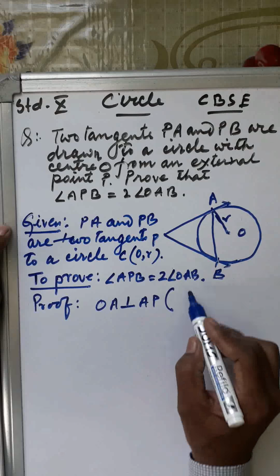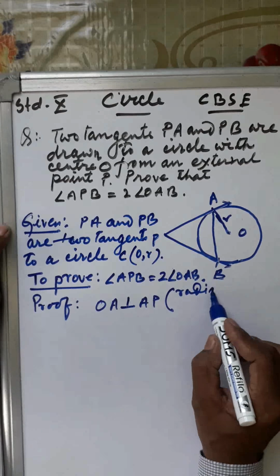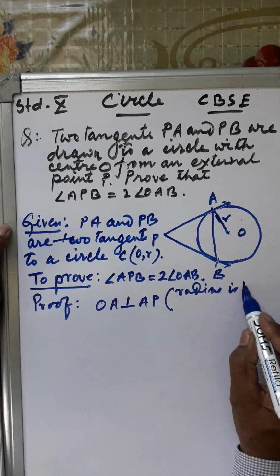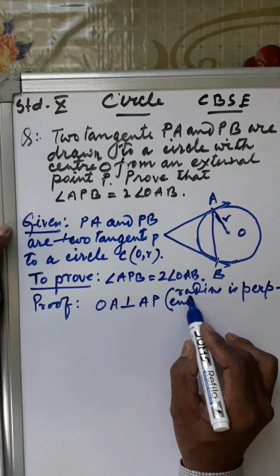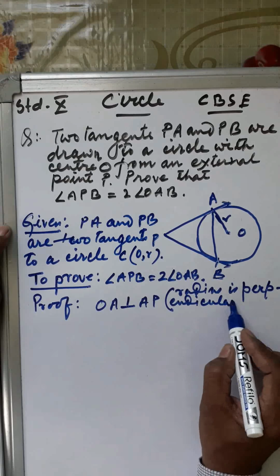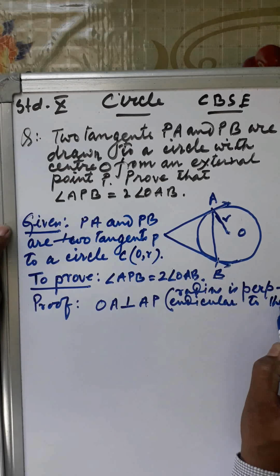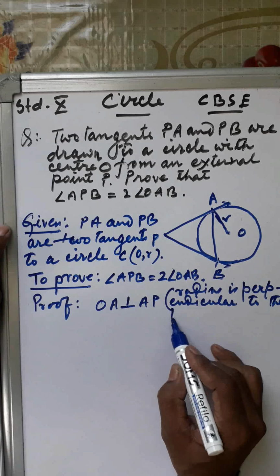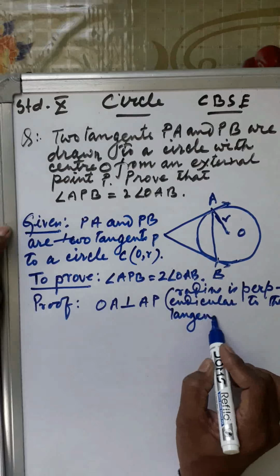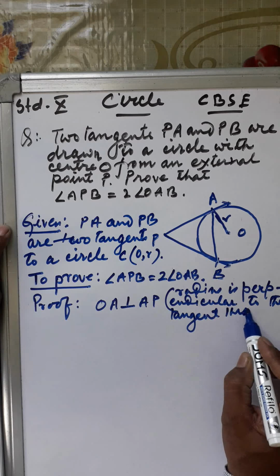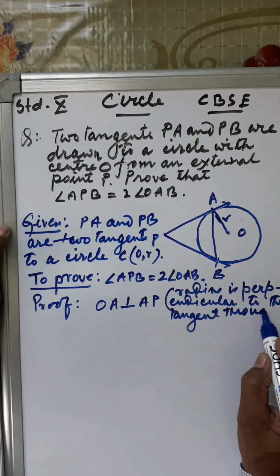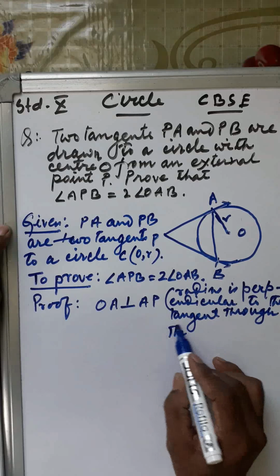You can write the theorem: radius is perpendicular to the tangent through the point of contact.